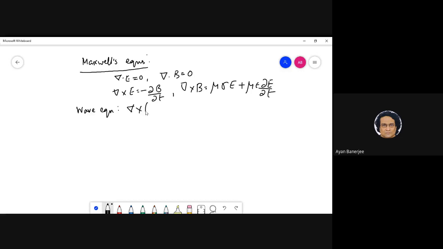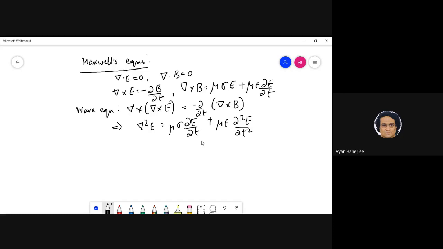So I take del cross del cross E equals minus del by del t of del cross B, which gives del dot E del minus del square E. Since del dot E is 0, we come to del square E equals mu sigma del E by del t plus mu epsilon del square E by del t square.